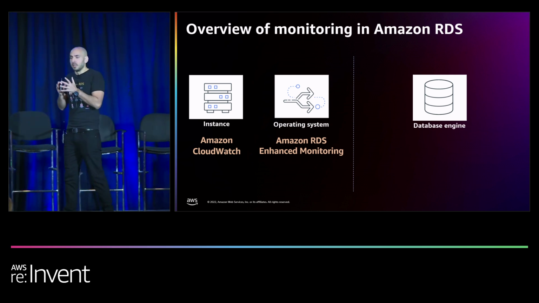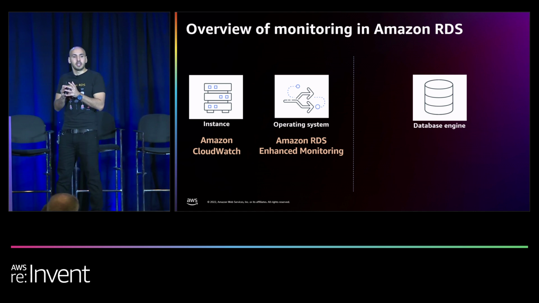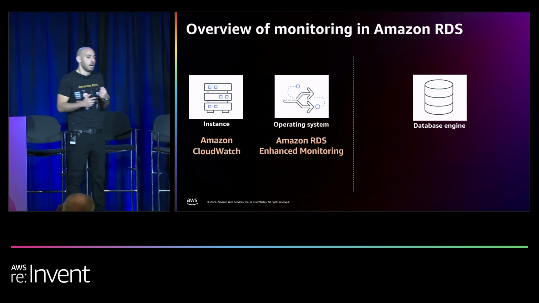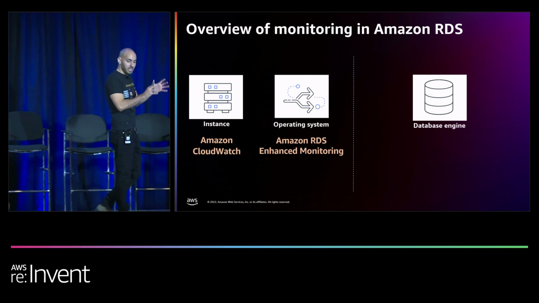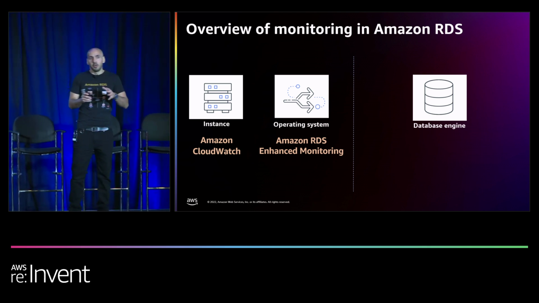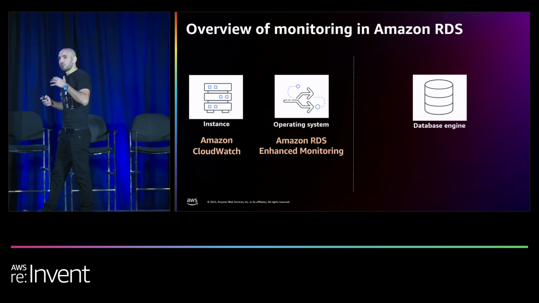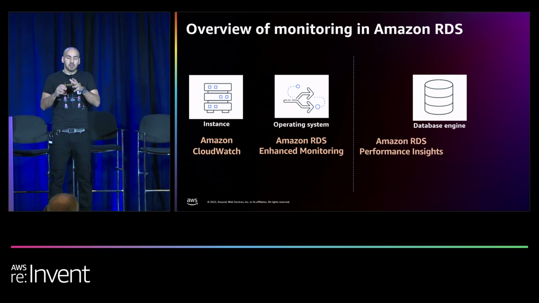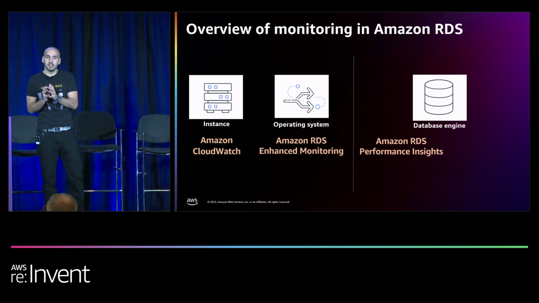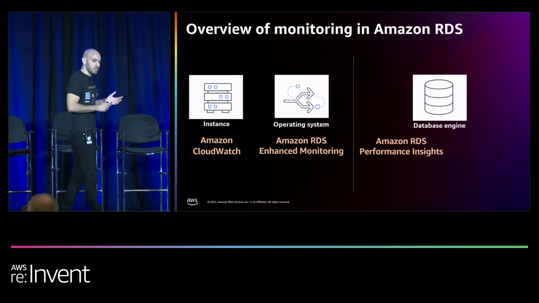All of those granular OS-level metrics can be obtained and monitored using Amazon RDS Enhanced Monitoring. So we covered instance level and OS level, but the main focus for today's presentation would be the database engine level. When it comes to deep dive SQL analysis, we offer Amazon RDS Performance Insights.